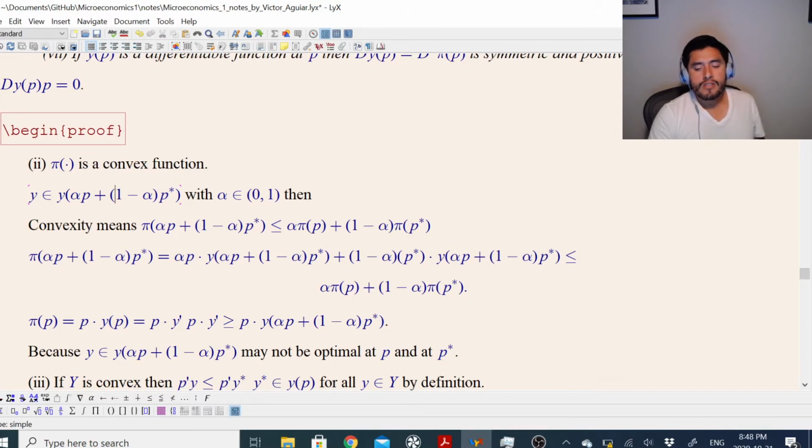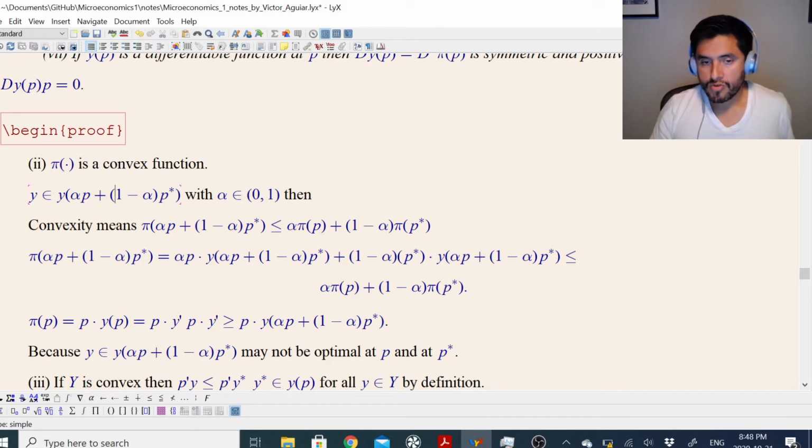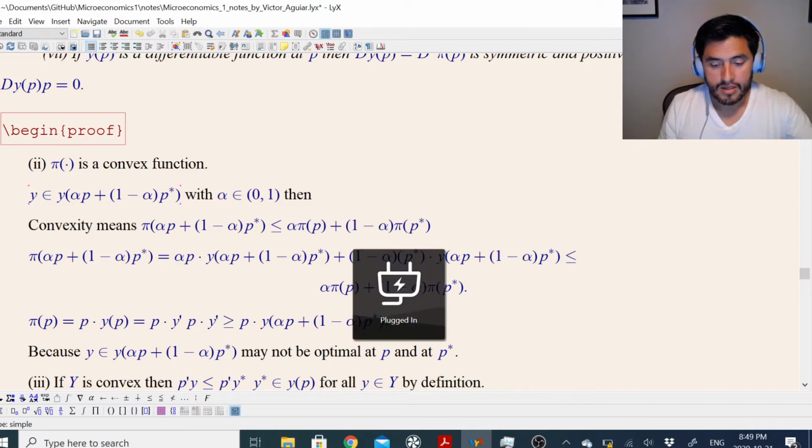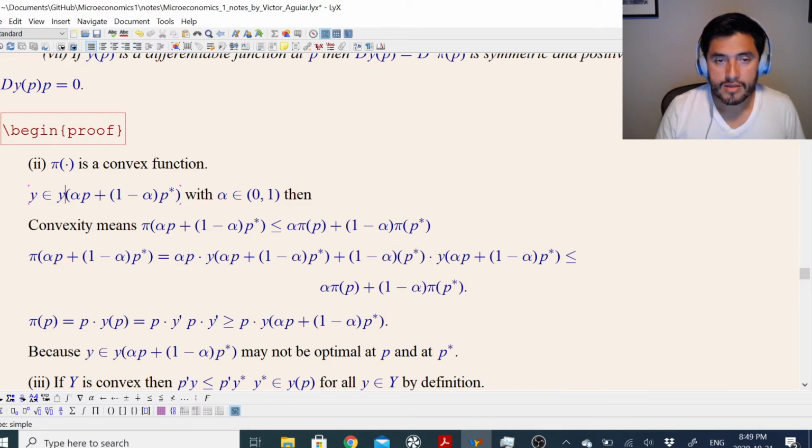And the proofs are very similar to what we saw at some point in the case of the expenditure function, right? So here we basically show that if you have a convex function and you take a convex combination of two prices, you combine them in a convex way and you see the supply associated with this, then you basically have this particular new supply.